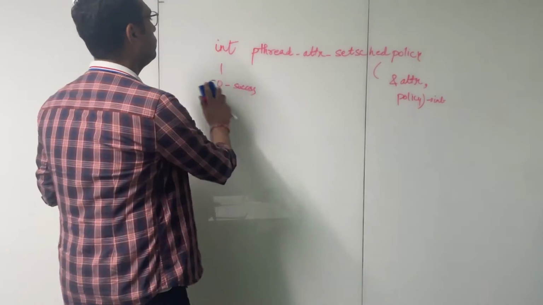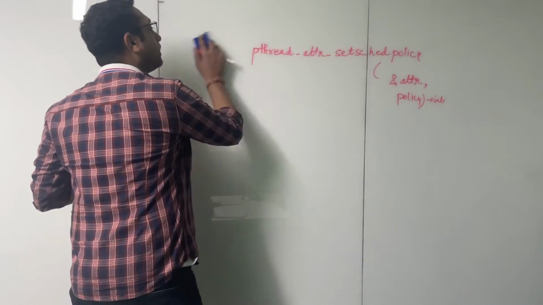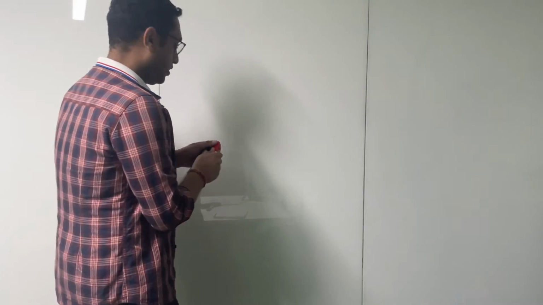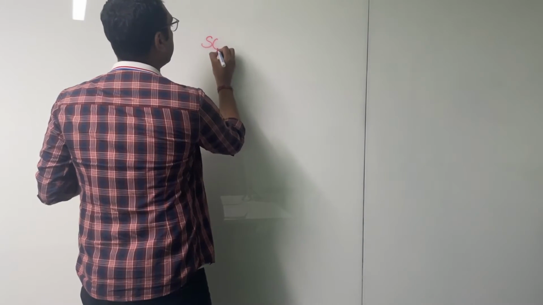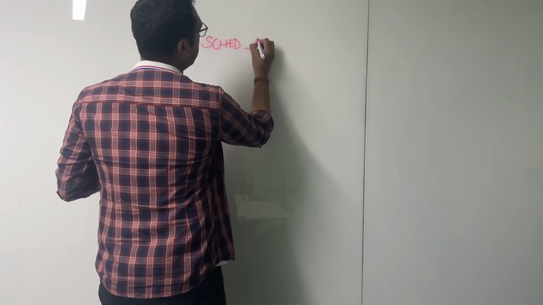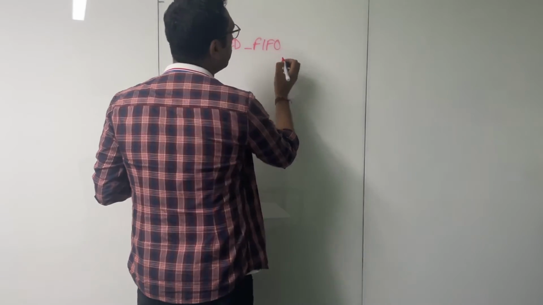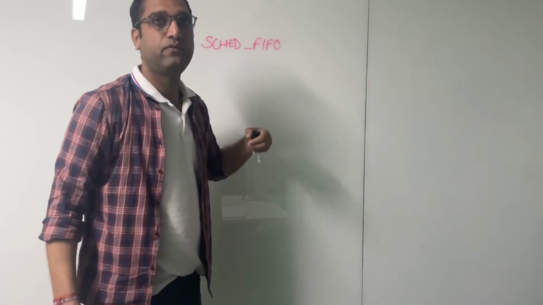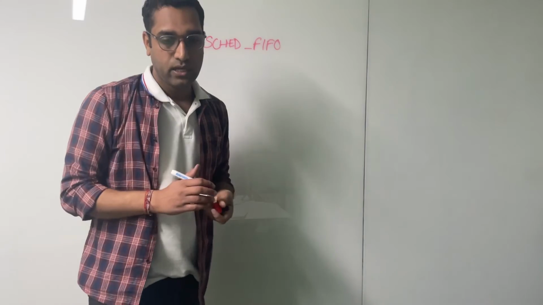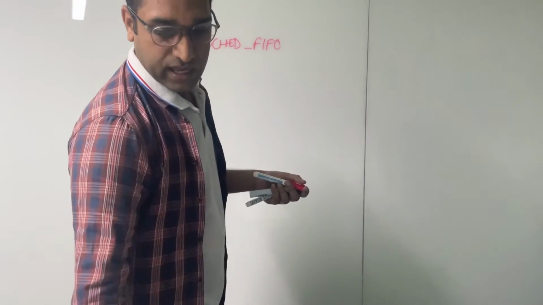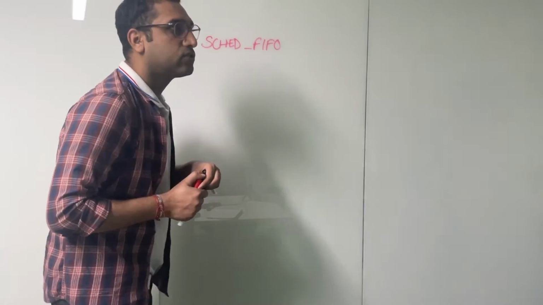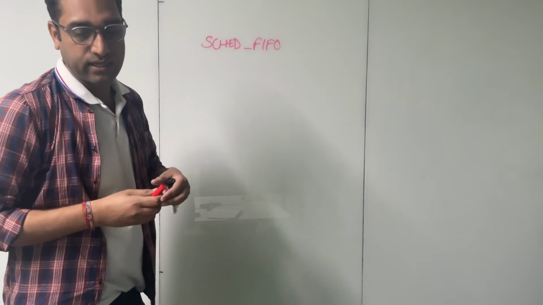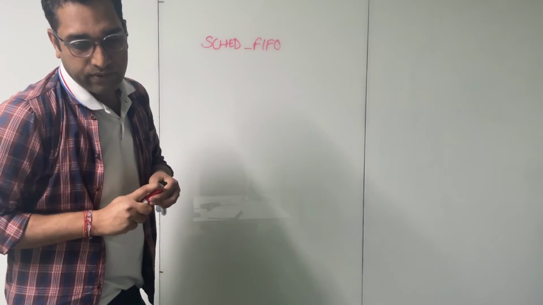So now what do these different policies mean? SCHED_FIFO would mean, let's say there was a thread, and before creating it, we provided it with an attribute of SCHED_FIFO as its scheduling policy. So how it will behave is that once this thread has gotten hold of the processor, it will run.